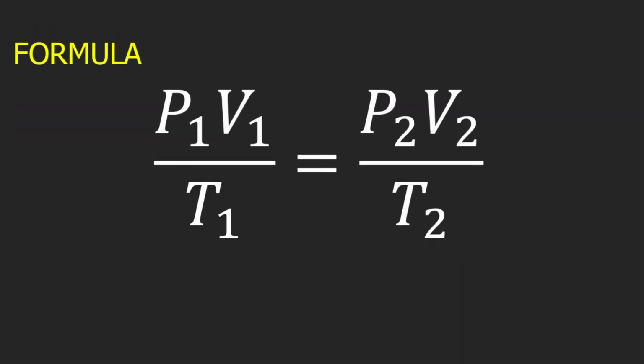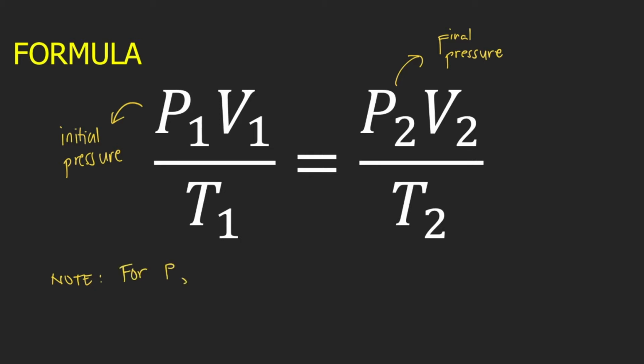Now let's define each term in the formula. Let's start with P1. This is your initial pressure. And P2, of course, is your final pressure. Just a quick note or a reminder, for pressure, P1 and P2, you can use any unit.